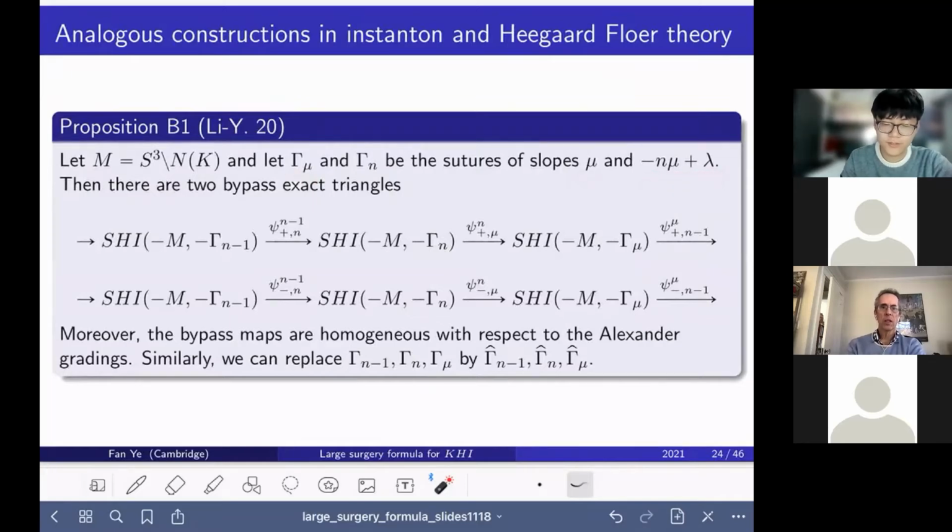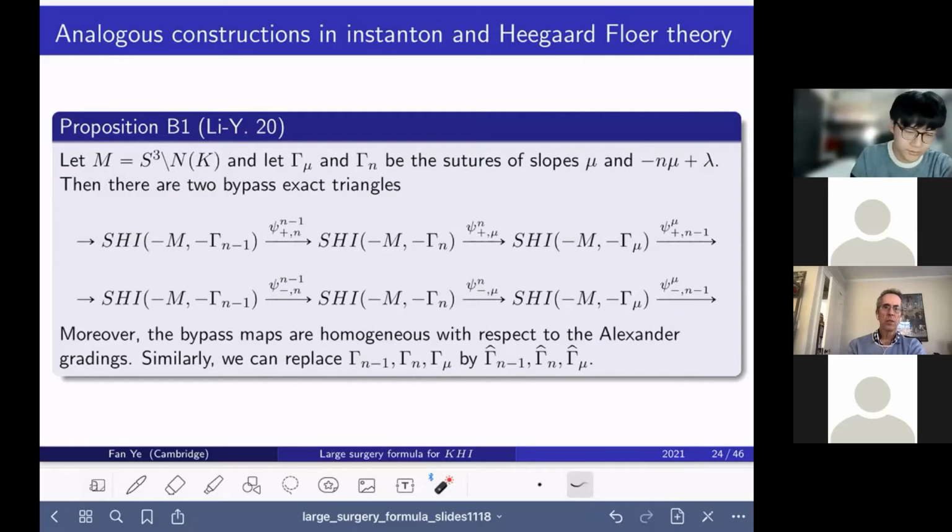So here the slope mu means we just take the 1/0 slope, which equals infinity. And then we can apply the bypass exact triangles on these sutures to get the following two exact triangles.